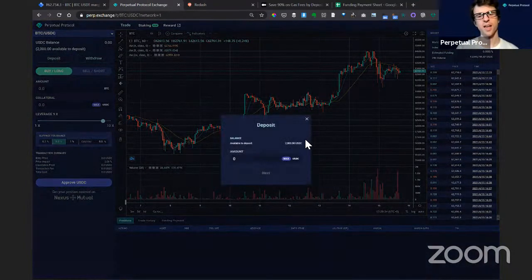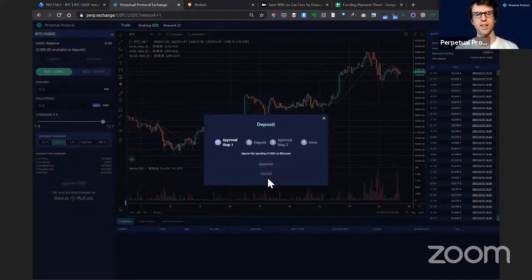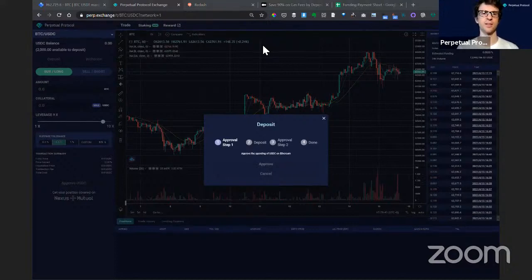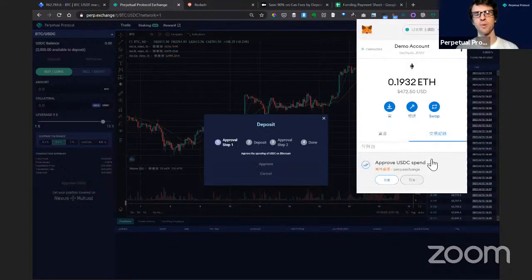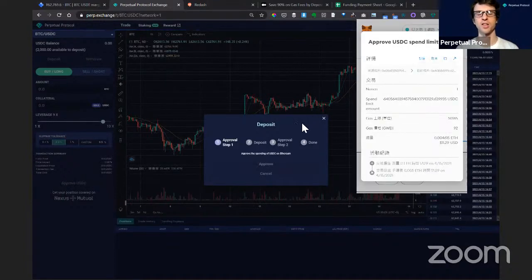Sure. All the trades on our platform are covered by Nexus Mutual via Armor. People may have heard of Armor Finance. And we also have a second insurance partner called Unslashed Finance. Between these two, they each have 2.5 million USD worth of insurance coverage for all traders using Perpetual Protocol, Perp.exchange.